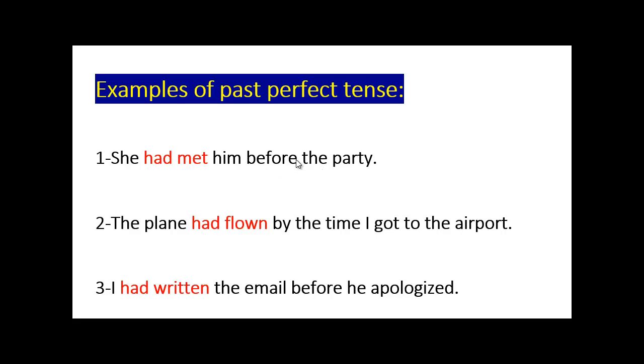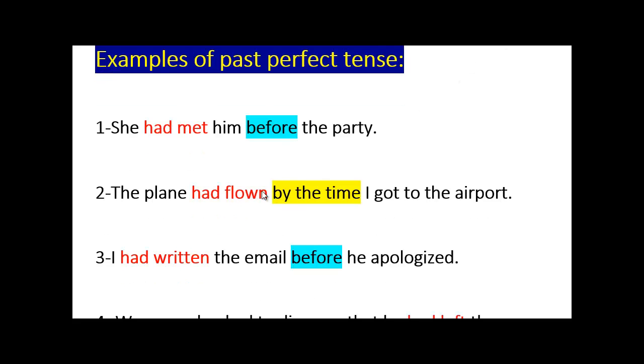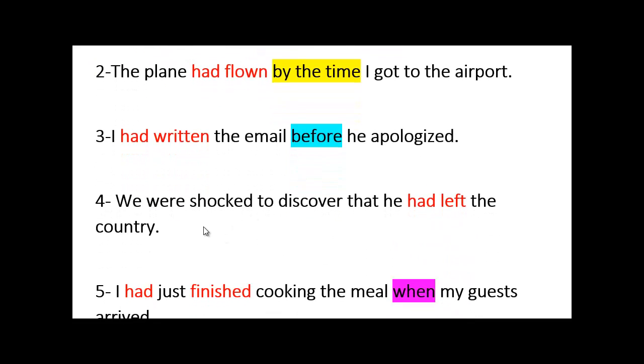Okay, here: she had met him before the party. Here we got a time expression, okay, or adverb. Okay, you got that? The plane had flown by the time I got to the airport. Okay, so that's a time expression. I had written the email before he apologized, okay?